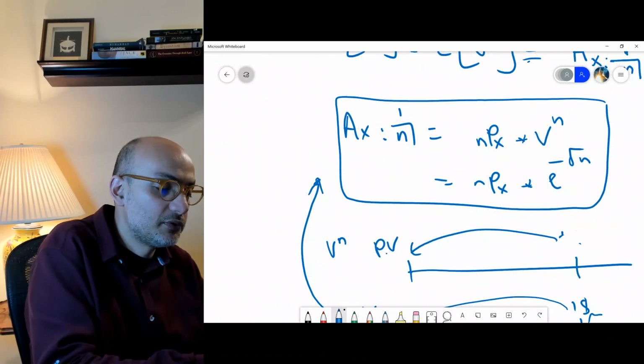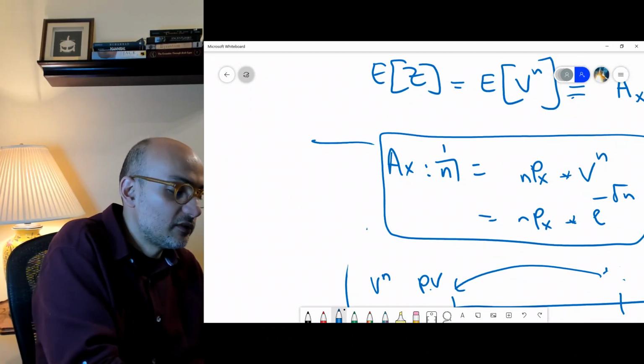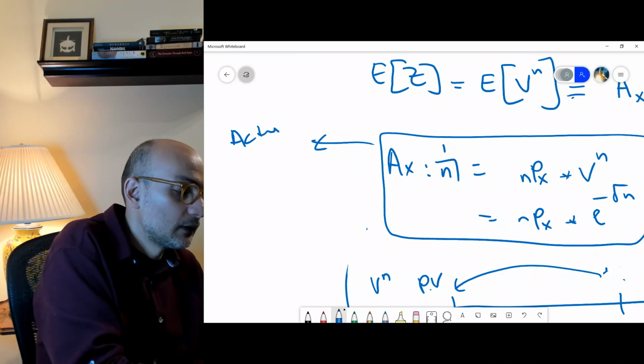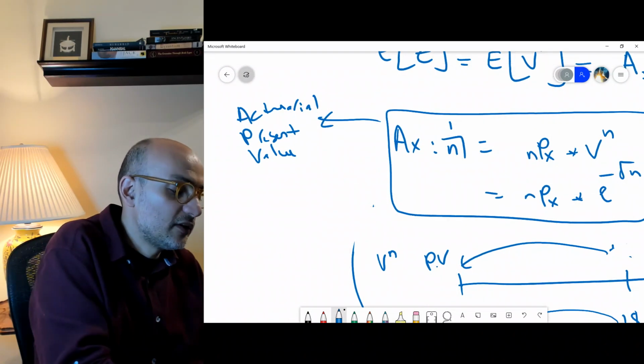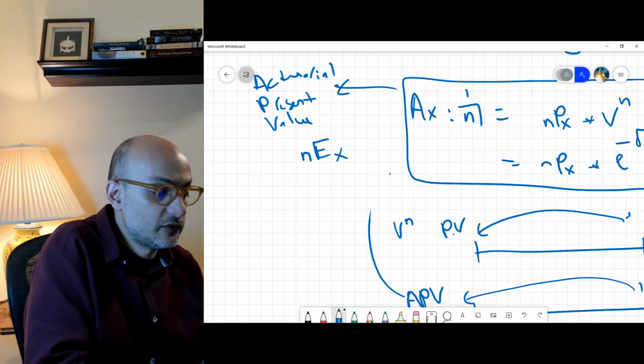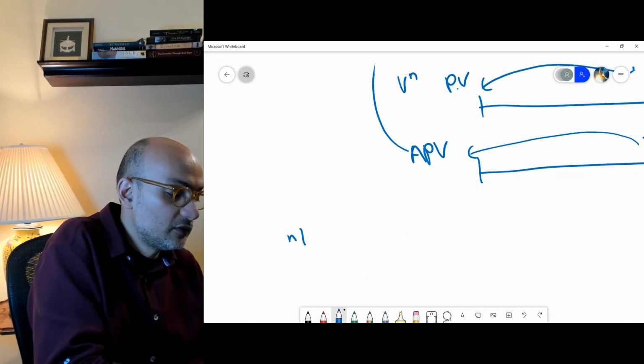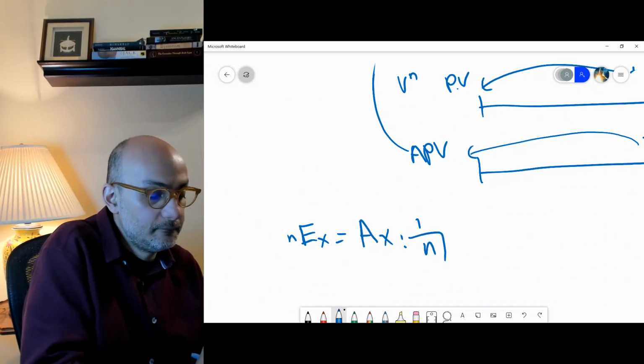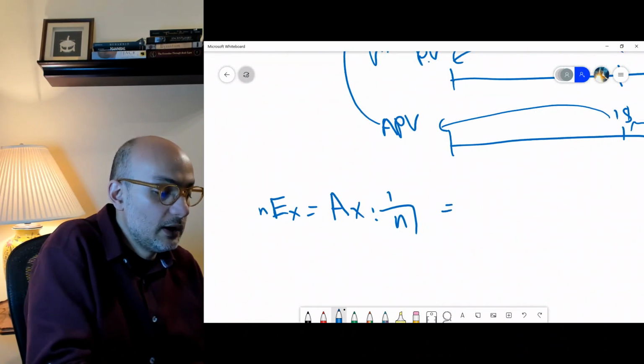This is very important, because this one is the actuarial present value. Because it has another term we use, it's nEx. nEx is also the actuarial discounting factor, which can be written as A x n here, which is equal to the probability of x surviving to n multiplied by v^n.